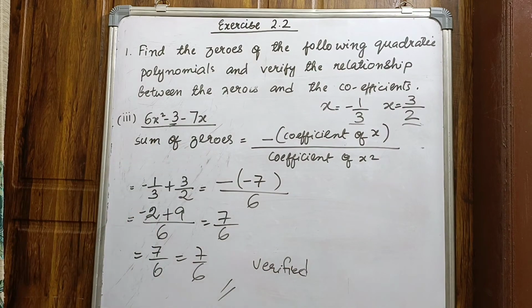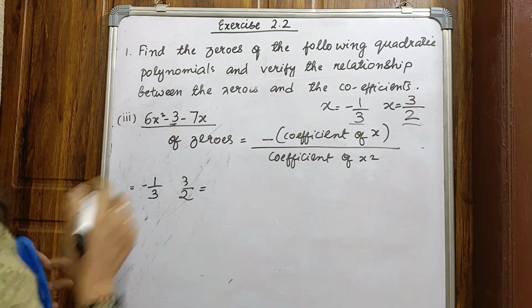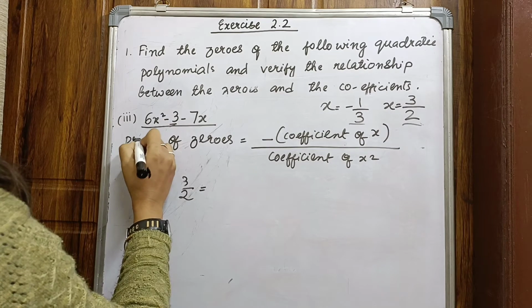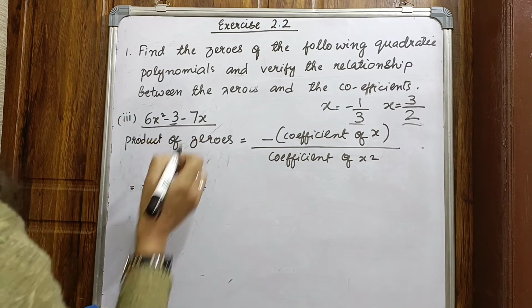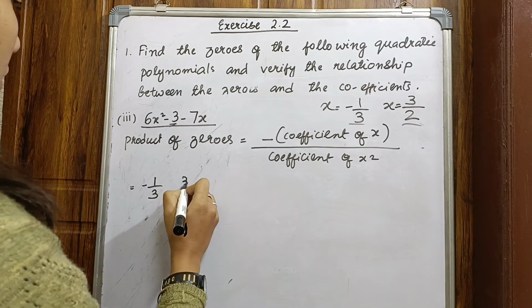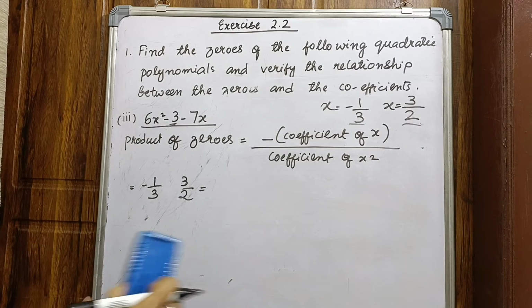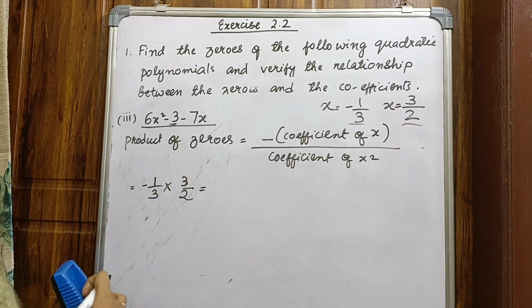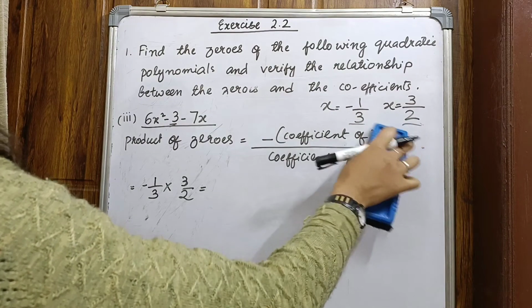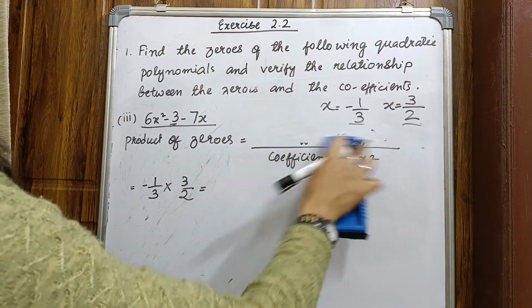Now we will do it for the product of zeros. The denominator will be the same. We will write the constant term.